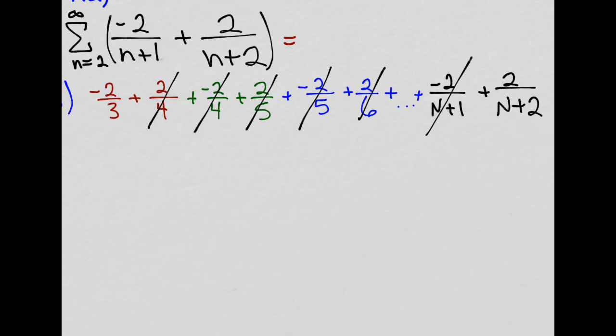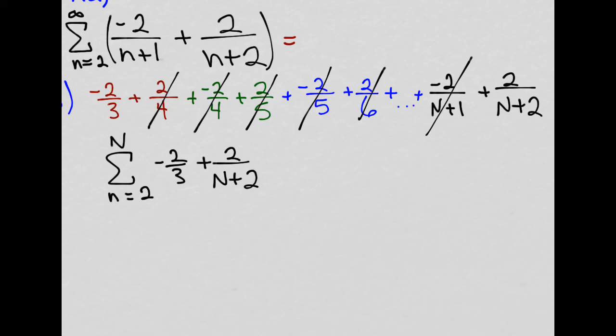So another way to write that is 2/3 minus 2 over capital N plus 2.